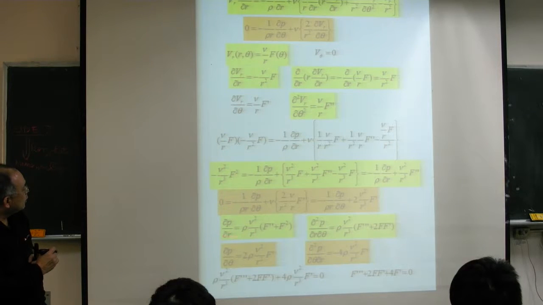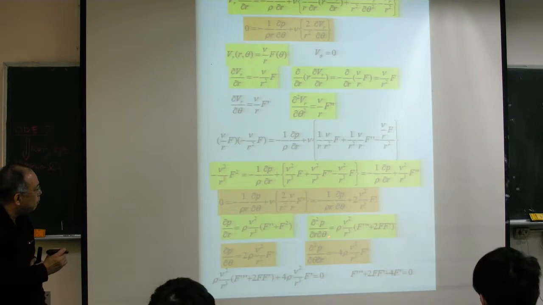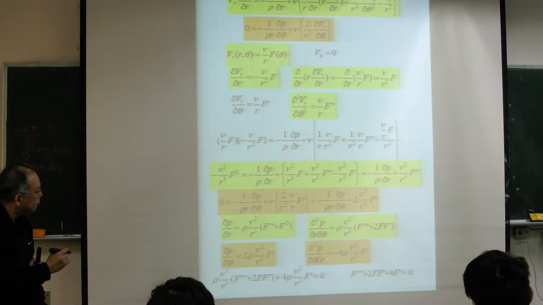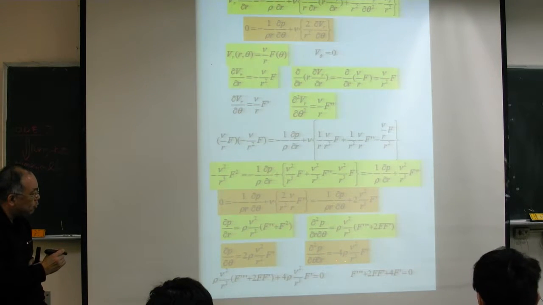From this equation, I take an additional derivative, partial P, partial theta, and for the other equation, partial P, partial R, I take a derivative with R, and this one with theta. So this term should be equal to this term here.